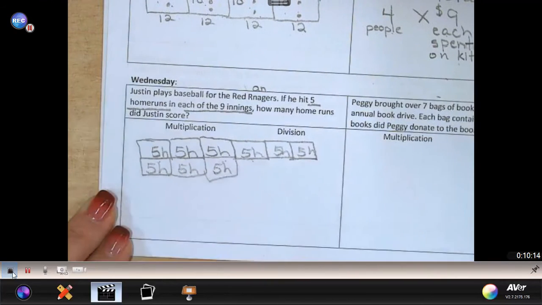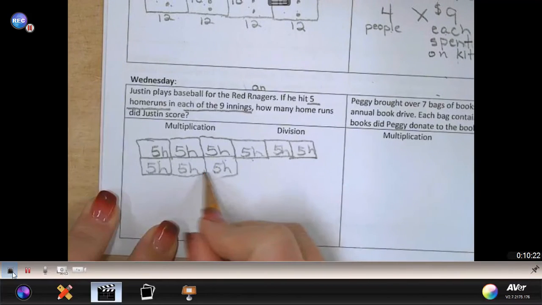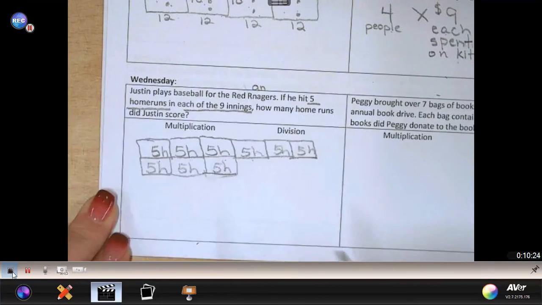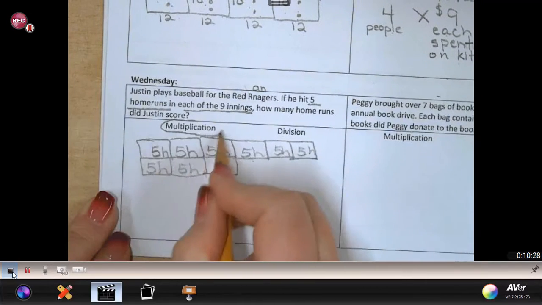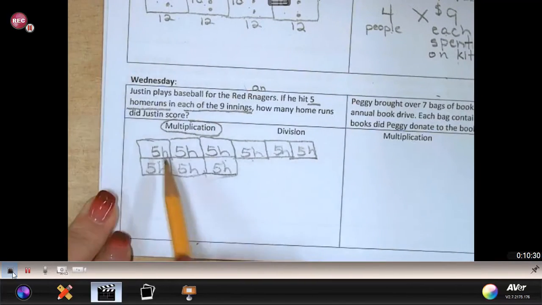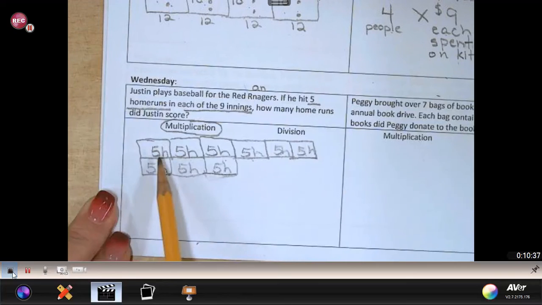Now that would be a pretty high scoring baseball game because I don't think usually you have that many home runs. But for this problem, let's just say Justin's a super duper player. Okay, so this is a multiplication sentence, if you haven't figured it out by now, that for each inning or each group, which is my inning, there are going to be 5 home runs, and your home runs are the objects.